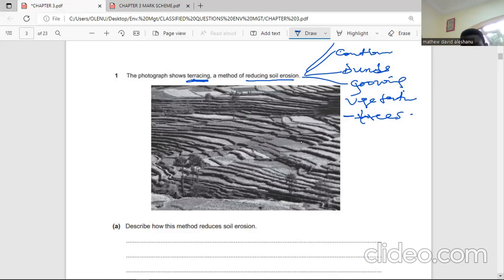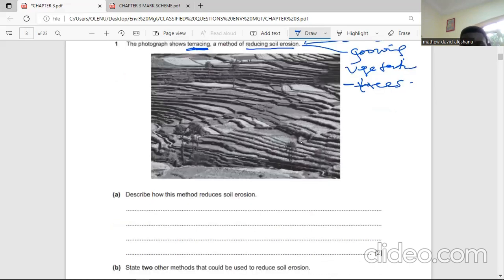Now they say describe how this method reduces soil erosion. Now if you look at this, the slope is built in the form of what? Steps. So you see, steps are created.